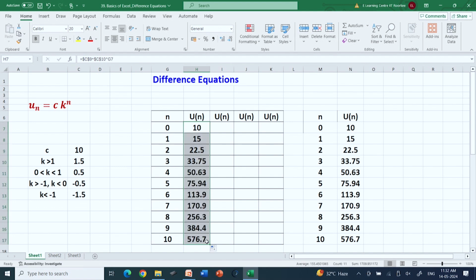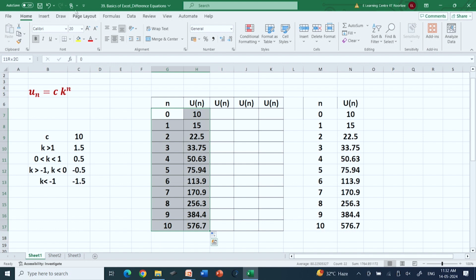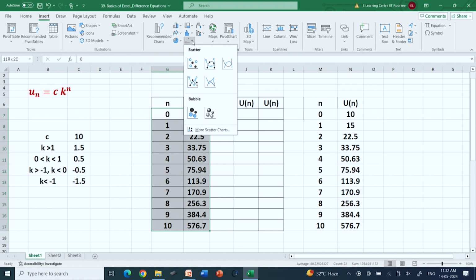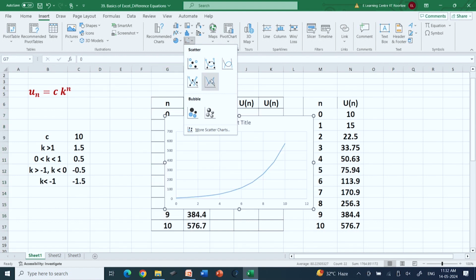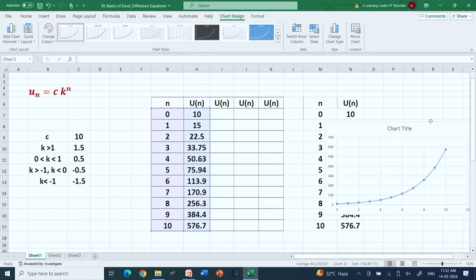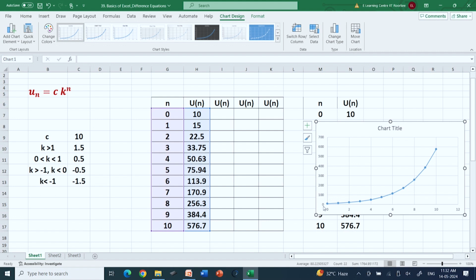the next 10 values. If I want to plot them, I highlight this by pressing Shift and the cursor key, go to Insert, go to the scatter diagram, and instead of choosing the continuous line, I choose this one, so that you get an idea that these are the points, the dots, and we have joined those points because it is a discrete case, and we get a curve like this.